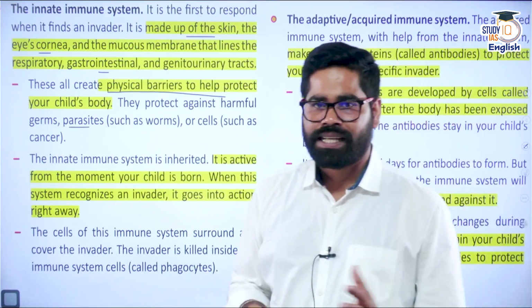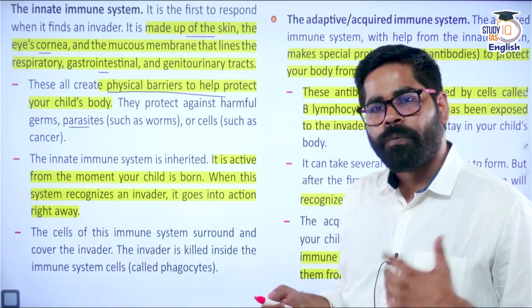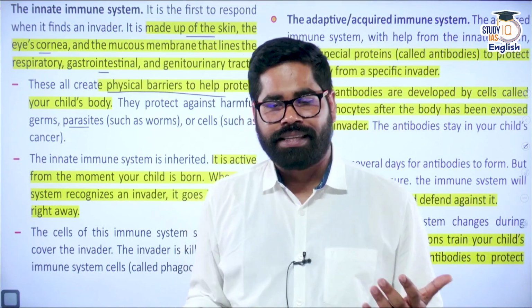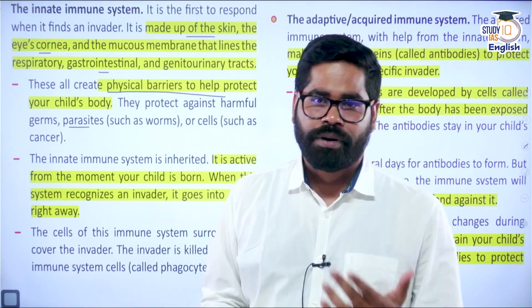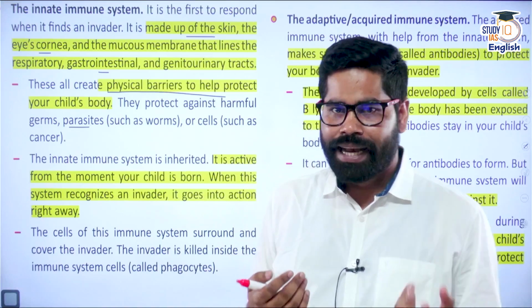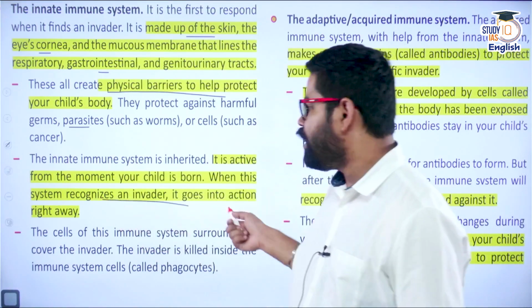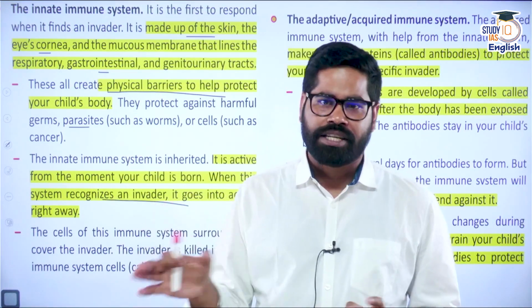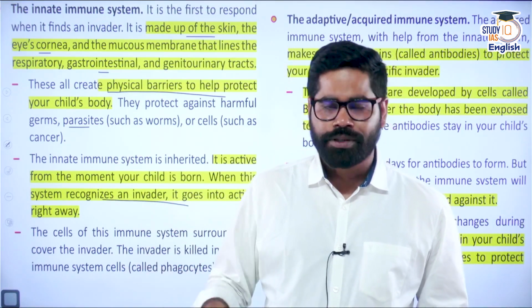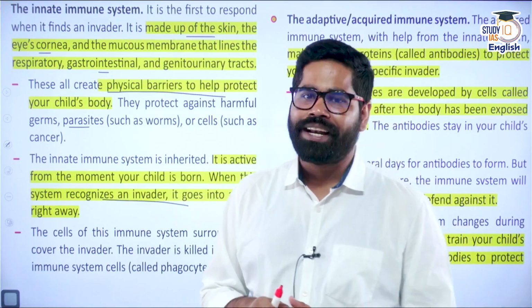Now, when is it active? The innate immune system is active from childhood itself, from the very beginning. Whenever the system recognizes an invader, it goes into action right then. So it has a fast response in comparison to the acquired immune system.